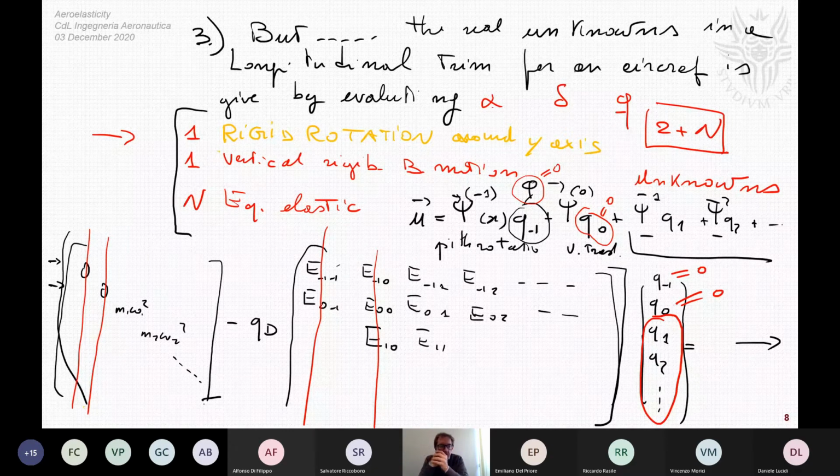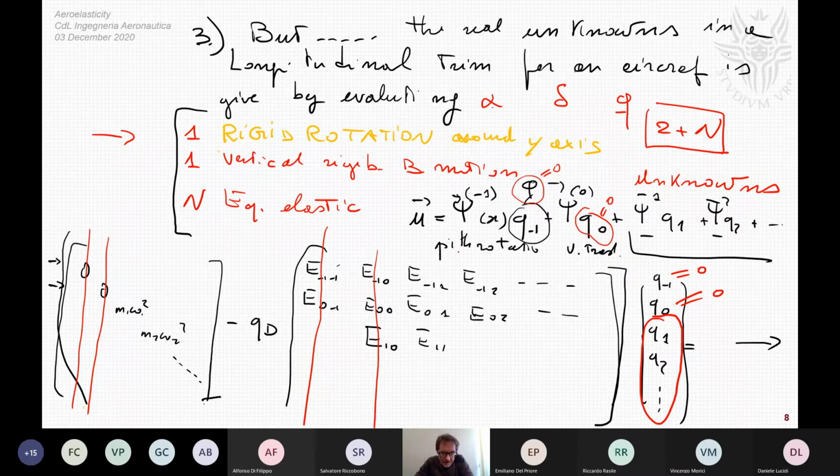So how is this delta angle able to be involved in this formulation? Okay, let's review again this final equation that we considered yesterday. We have, of course, in this case, n variables in the structural space given by the modal coordinates, plus two more modal coordinates corresponding to the rigid modes, which are the vertical translation and the pitch with respect to the angle. And correspondingly, we have two equations.